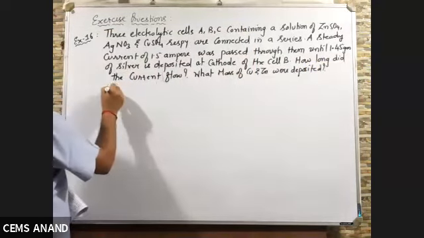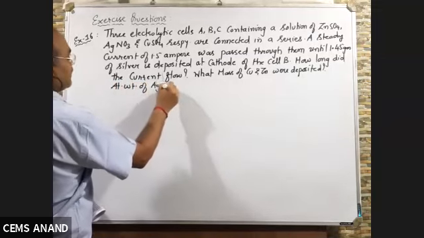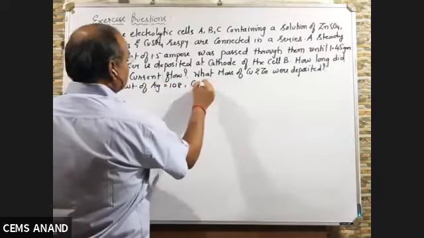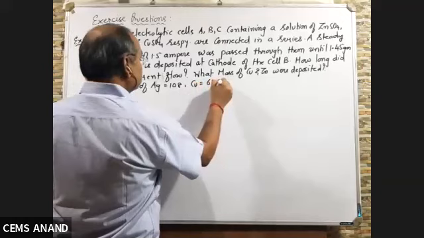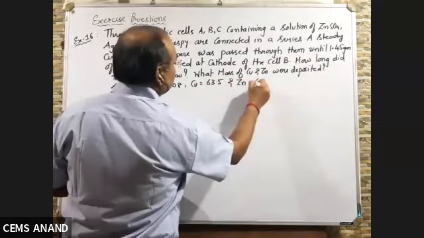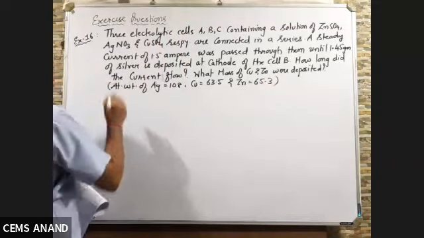Atomic weight of silver is 108, that of copper 63.5, and zinc 65.3. This is given to you.